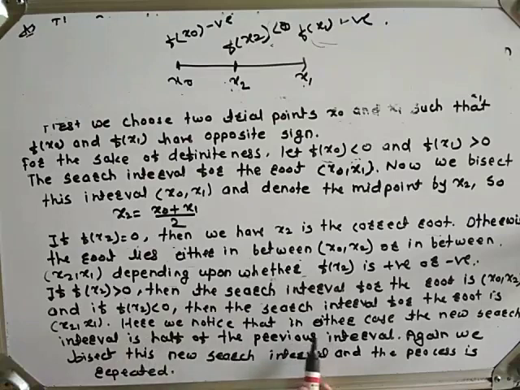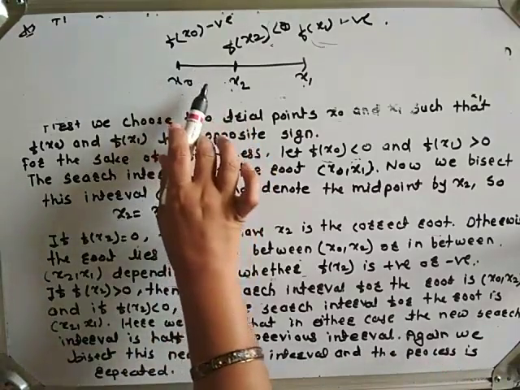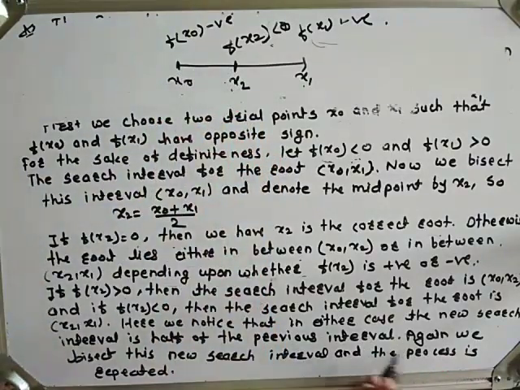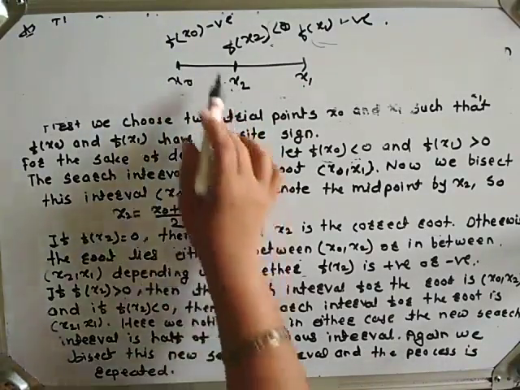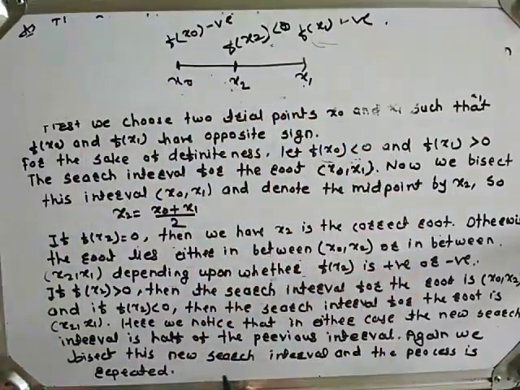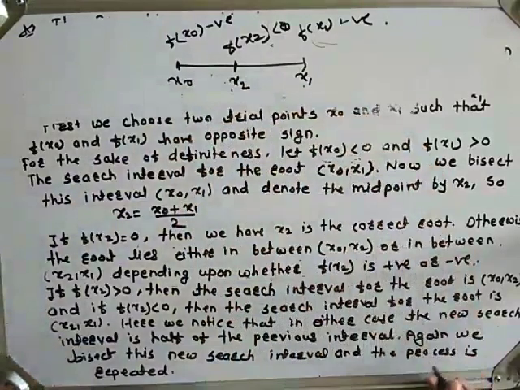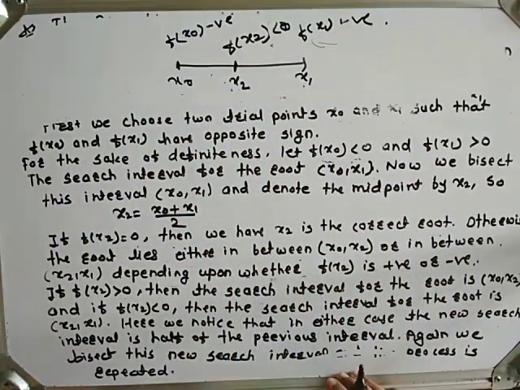Here we notice that in either case the new search interval is half of the previous interval. Again we bisect this new search interval and the process is repeated.